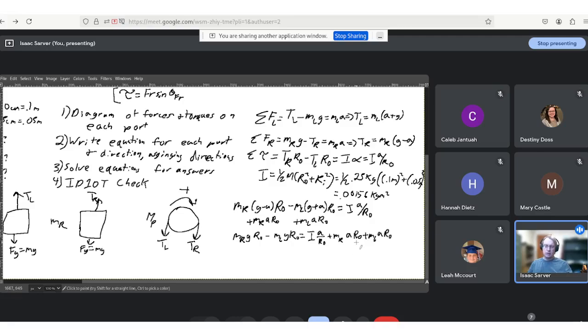Not R naught, those are our outers. R outer, R outer. Alright. So now I'm going to factor out this A and evaluate everything else.